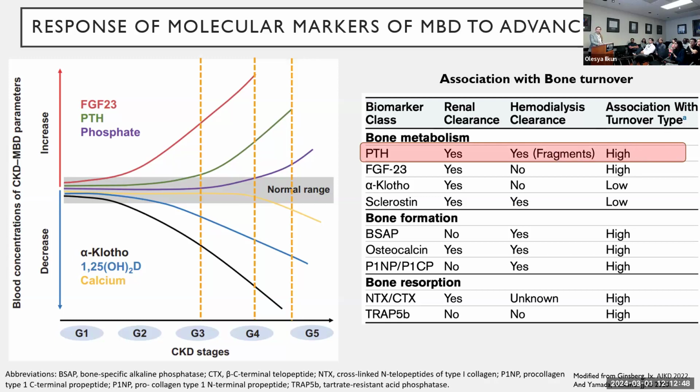And the other lab that we can check here at UF Shands is BSAP, bone-specific alkaline phosphatase. High level of BSAP also are associated with high bone turnover. Why? Because it helps us distinguish between adynamic bone disease and osteitis fibrosa, or what Ms. L had in our case.